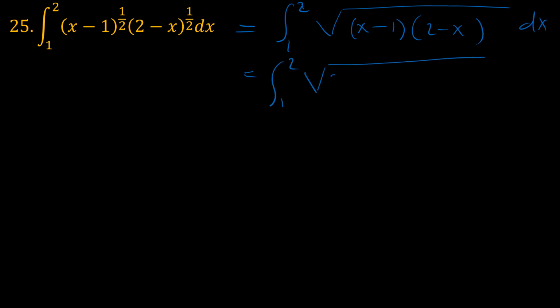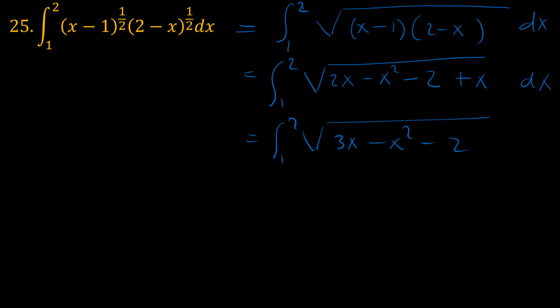is 2x minus x squared minus 2 plus x. So this is the same as the square root of 3x minus x squared minus 2.